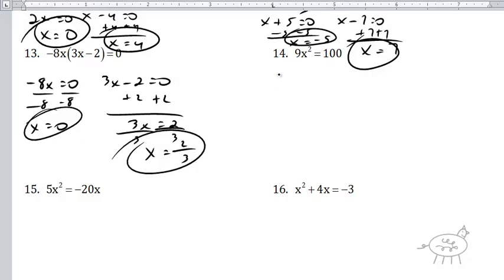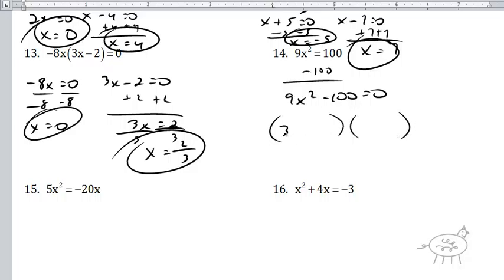This one, got to move that 100 over, so we're going to subtract 100. So 9x squared minus 100 has got to be equal to 0. And then they're both difference of two squares. 9 is a perfect square, x squared is a perfect square, 100 is a perfect square, and there's a minus between them. So the square root of 9x squared is 3x. It's plus and minus, and the square root of 100 turns out to be 10.